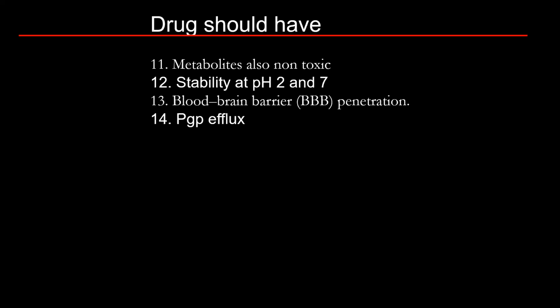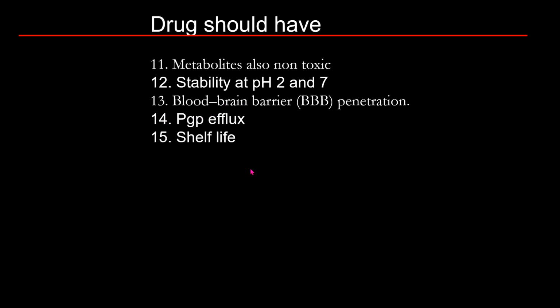There are many of these efflux pumps, as they are called, in the pregnant uterus, in the stomach, in the brain, in many parts of the body. Now, your drug also should not get captured and thrown out. After all, the efflux pumps may think the drug is a toxic chemical and throw it out. So that should not happen. We need to design it so that it does not get thrown out by P-gp efflux, P-glycoprotein.